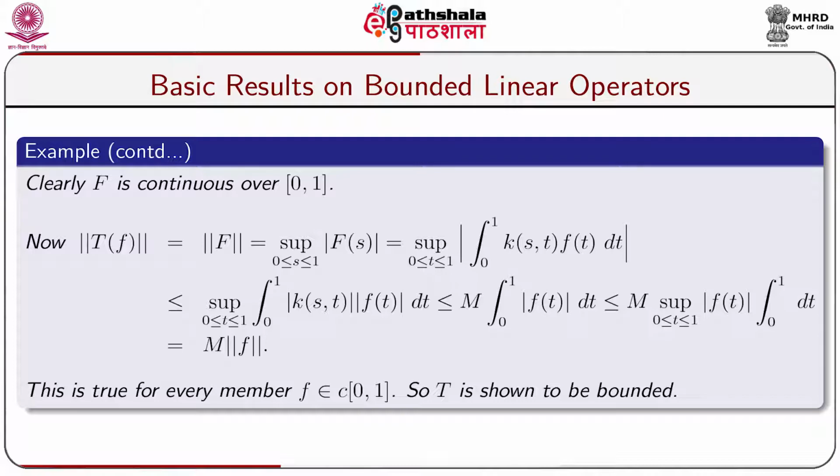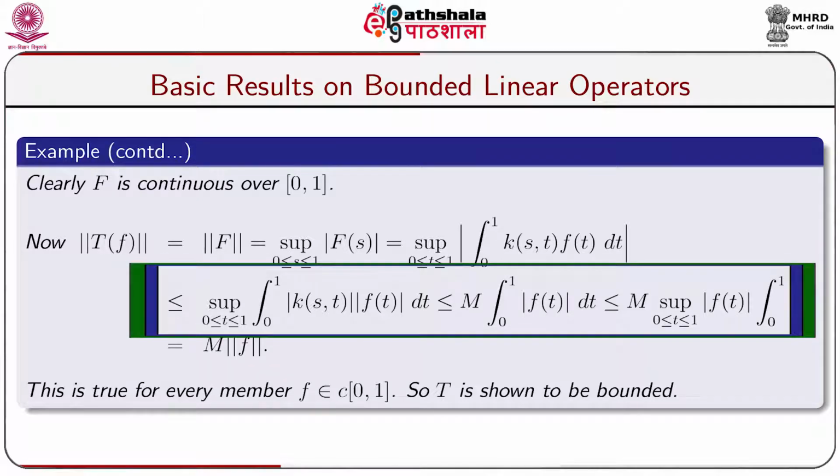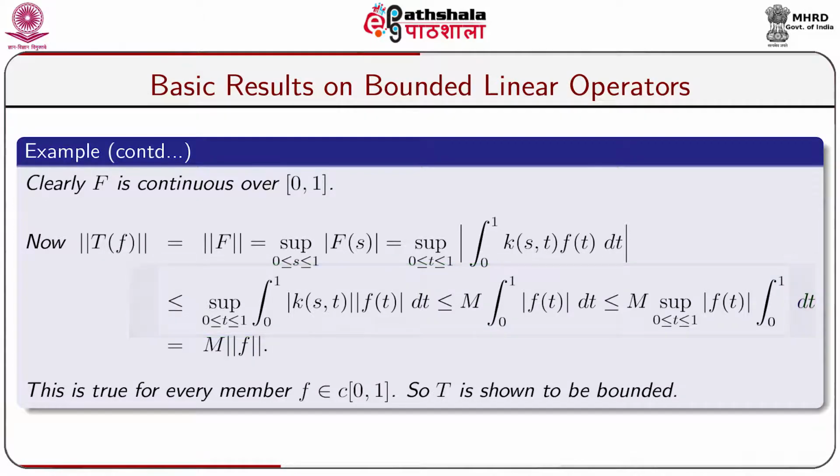Clearly, F is continuous over [0,1]. Now, norm of Tf is equal to norm of F, which is the supremum of |F(s)|, where the supremum is taken over the closed interval [0,1], which is equal to the supremum over 0 ≤ s ≤ 1 of |∫ from 0 to 1 of K(s,t) f(t) dt|, which is less or equal to the supremum over 0 ≤ s ≤ 1 of ∫ from 0 to 1 of |K(s,t)| |f(t)| dt, which is less or equal to M into ∫ from 0 to 1 of |f(t)| dt, which is less or equal to M into the supremum over 0 ≤ t ≤ 1 of |f(t)| into ∫ from 0 to 1 of dt, which is equal to M into norm of f.